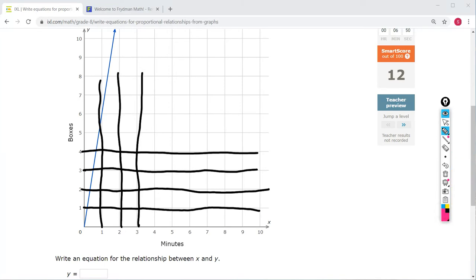Like here's a plus sign, and here's a plus sign, and here's a plus sign, and here's a plus sign. Of course, these are not on the line. We really focused on the blue line here.